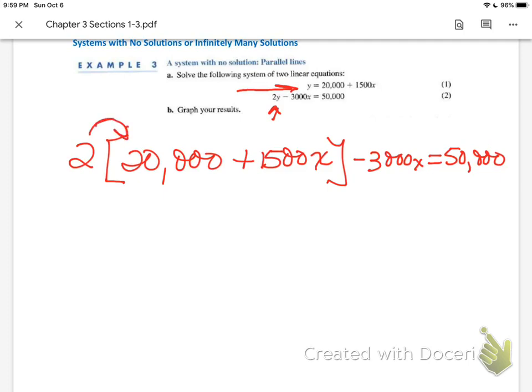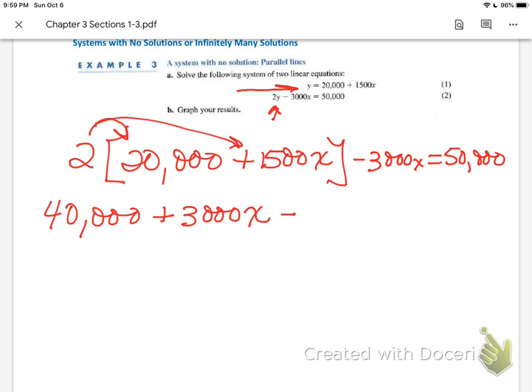Now I'm going to distribute carefully and rearrange my equation. So I get 40,000 plus 3,000x minus 3,000x equals 50,000. What I'm seeing is that these are opposite signs.